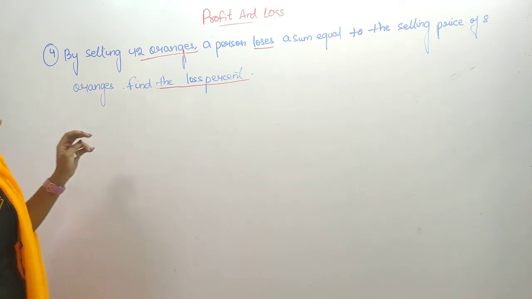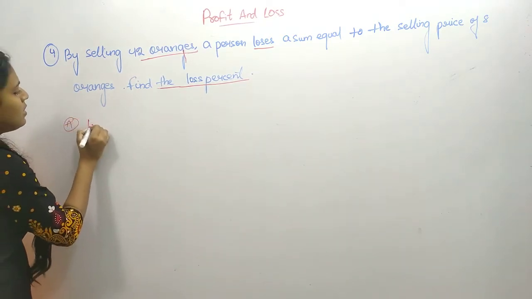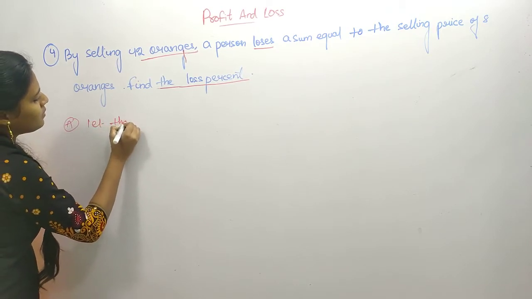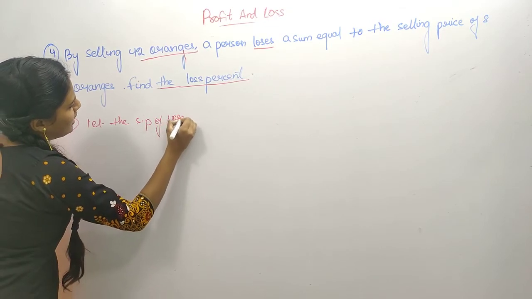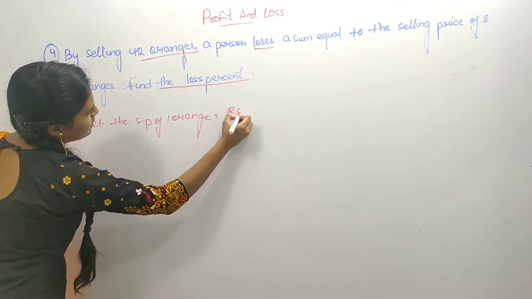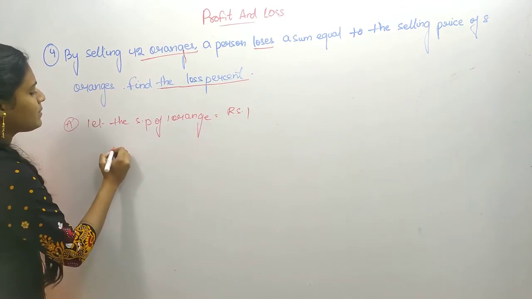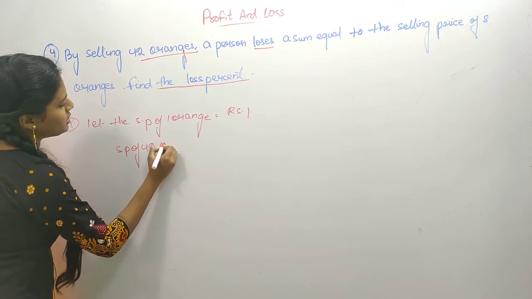Okay, let's solve it. Let the selling price of one orange be rupees 1. Okay, selling price of 42 oranges, how much?